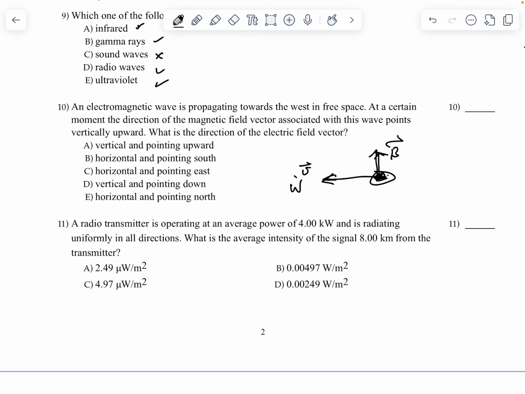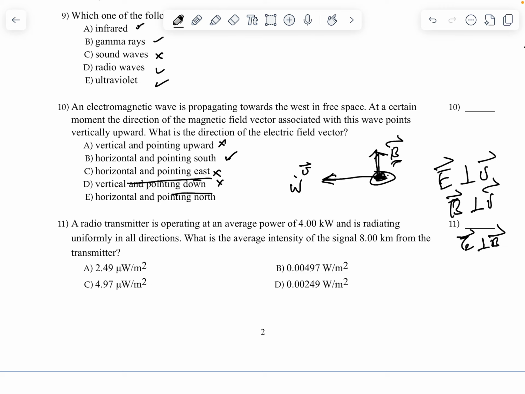Horizontal and pointing east doesn't work, because east and west are parallel to the wave direction. E is perpendicular to v, B is perpendicular to v, and E is perpendicular to B. That's the relationship, so C is definitely not right. Vertical and pointing down would be parallel to B, wrong.